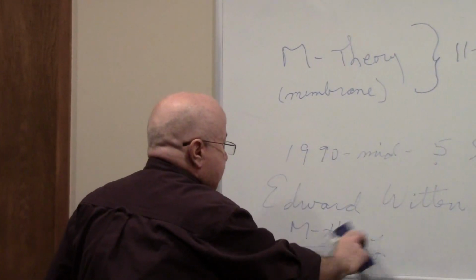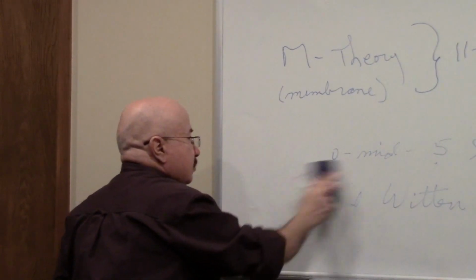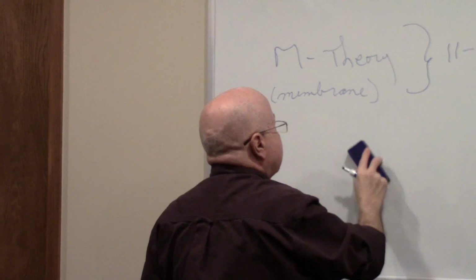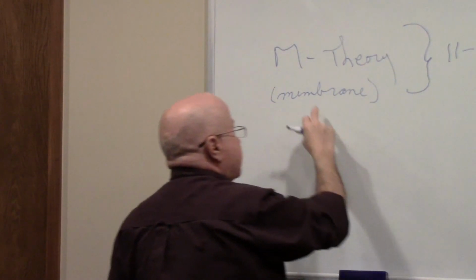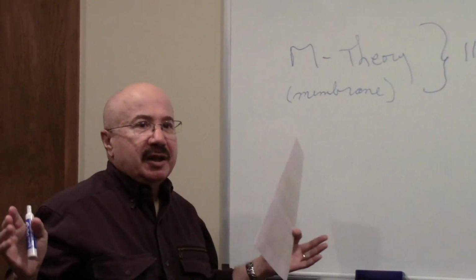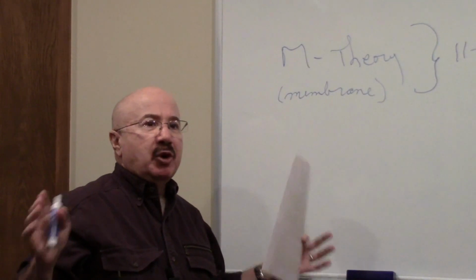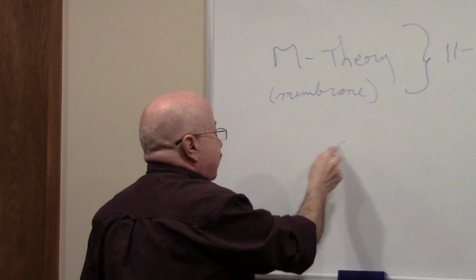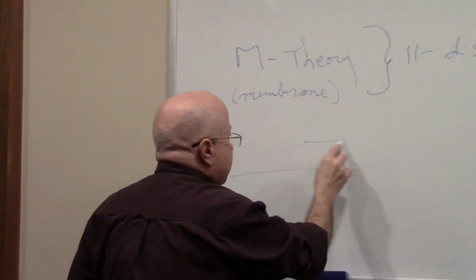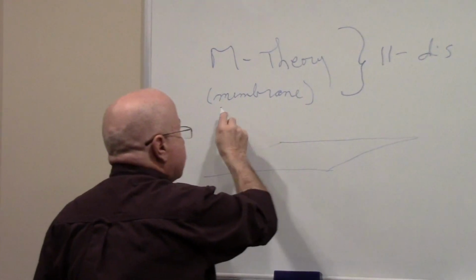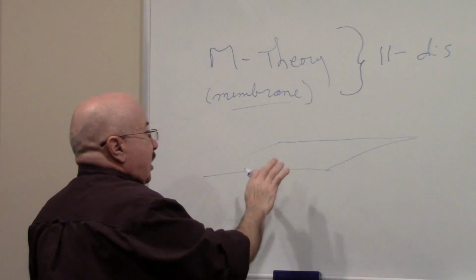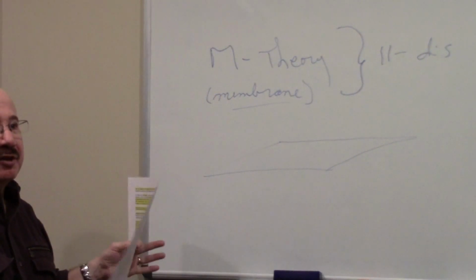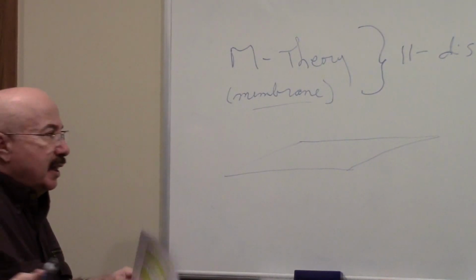Now, at the beginning of this video, I mentioned that we were going to look at M theory in the context of it being a multiverse. According to M theory, there are membranes, 2-dimensional membranes, and that's what the M stands for, and they exist in an 11-dimensional space.